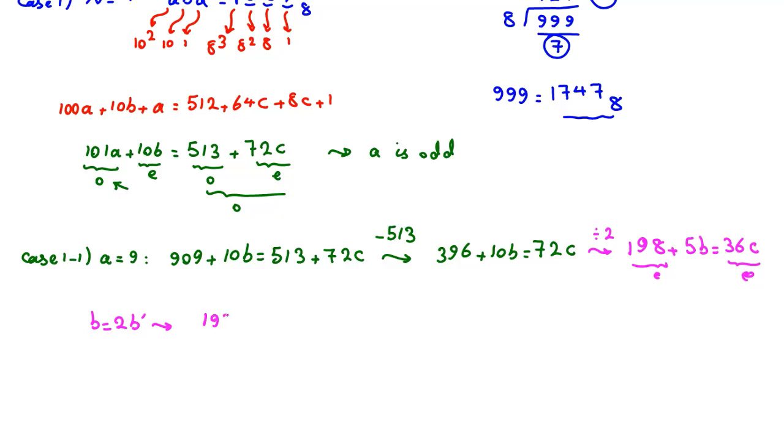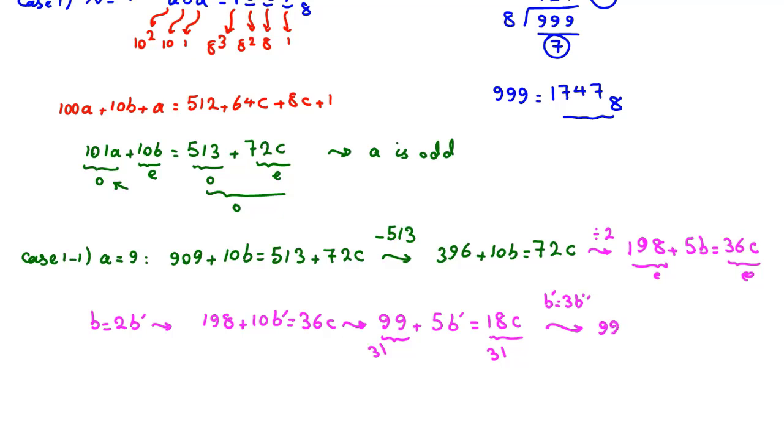So we conclude 198 plus 10b prime equals 36c. Now if we divide by 2, 99 plus 5b prime equals 18c. Here we see it is a multiple of 3. 3 divides this, 3 divides this, so we conclude 3 divides b prime. So b prime equals 3b double prime, so 99 plus 15b double prime equals 18c.